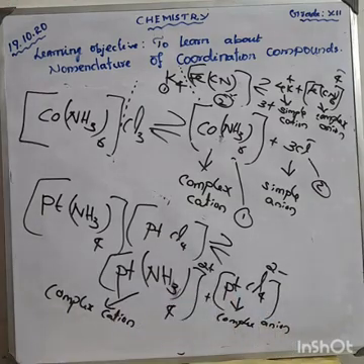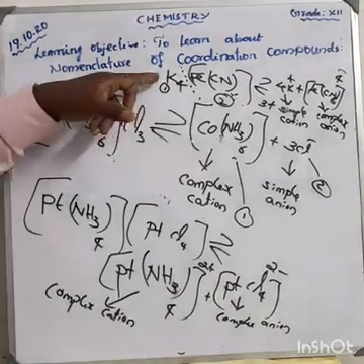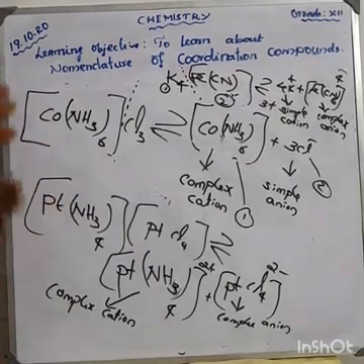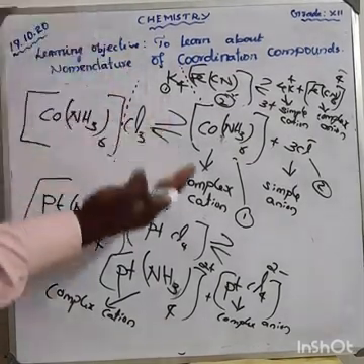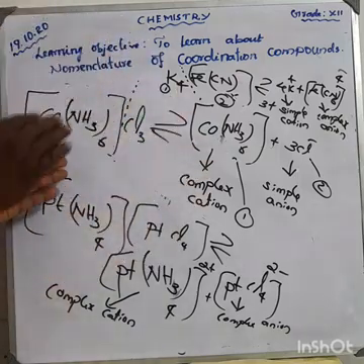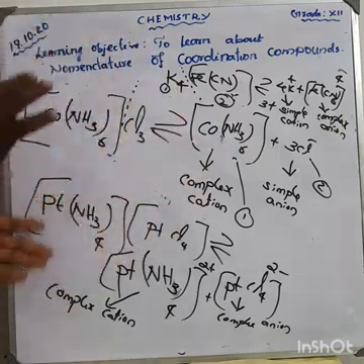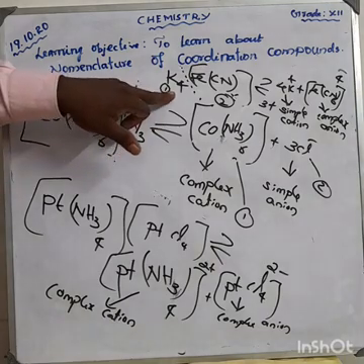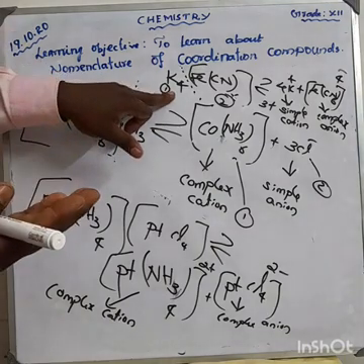Anyhow, can you differentiate the two? The first point I told you is that the cation is named first, followed by the coordination entity. First we should name the cation. That is the first rule. In the first equation, which one is the cation?